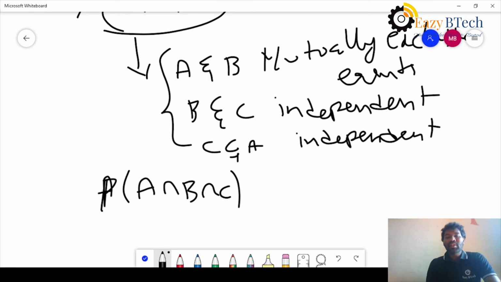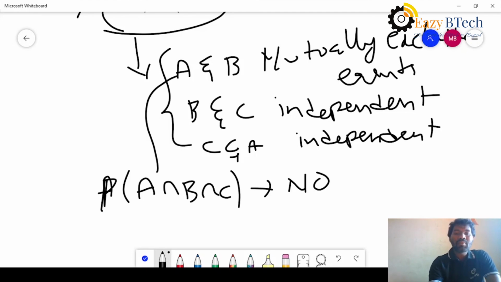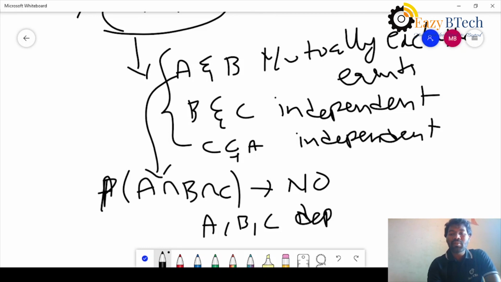Whether A, B, C combined together are independent or not, we can say no. Why? Because we already said that A and B are not independent. So A, B, C combinedly are not independent events.